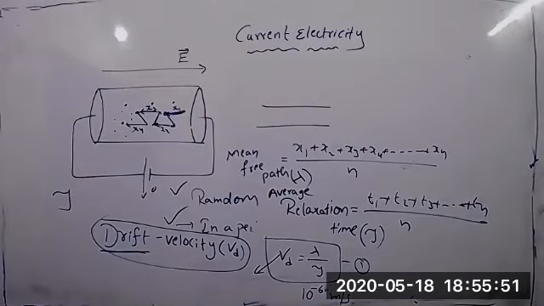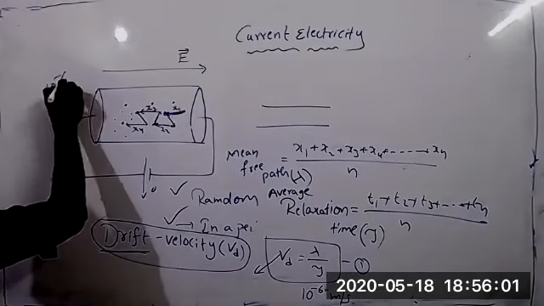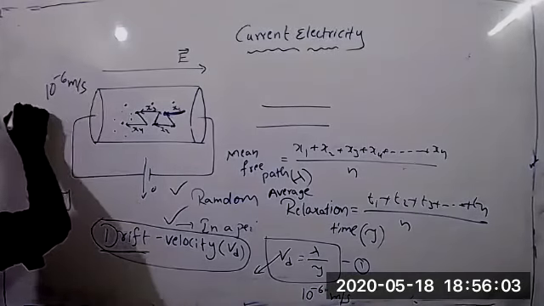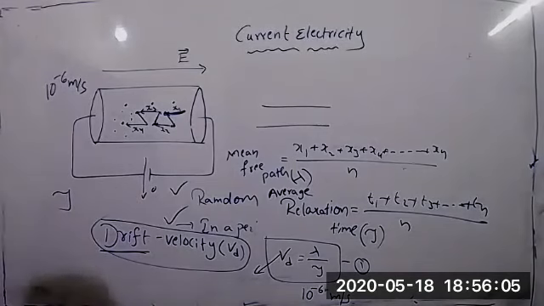The value is fixed, very, very small. 10 to the power of minus 6 meter per second is a very small velocity.